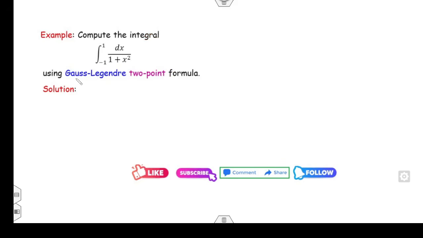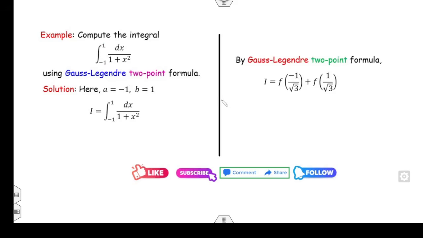Solve or compute the integral by using the Gauss-Legendre 2-point formula. The limits must be from -1 to +1, and they are already there. By the Gauss-Legendre formula, a is -1 and b is +1. What is the f of x? f of x is 1 over 1 plus x square. So I can substitute the values.